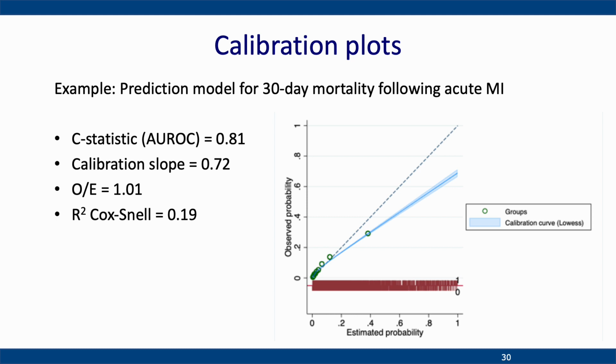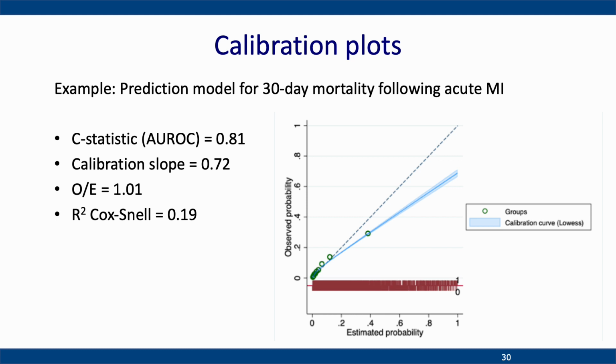So this is what I've displayed on this right hand side here. I've got the observed probability of the outcome on the left and the estimated probability from my model on the right. And this is for a prediction model with 30-day mortality following acute myocardial infarction. Now the dotted line, the 45-degree line, is a line of perfect calibration.